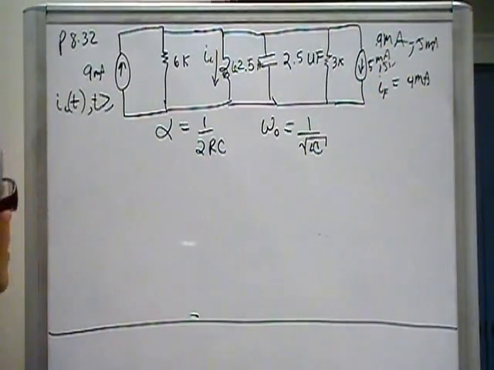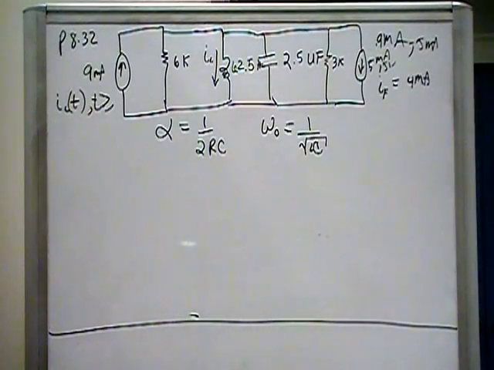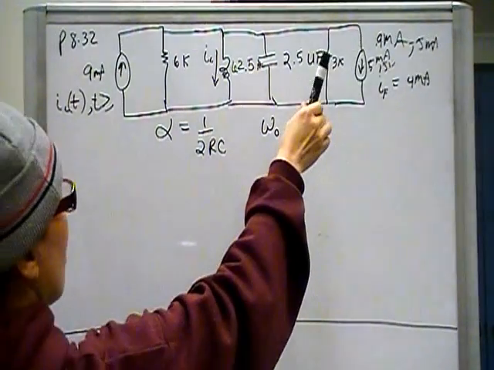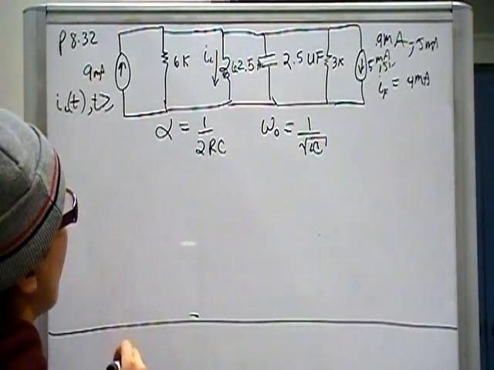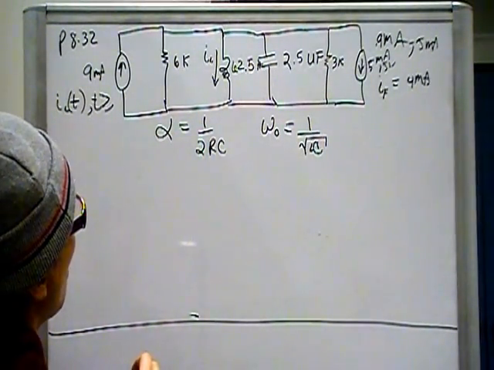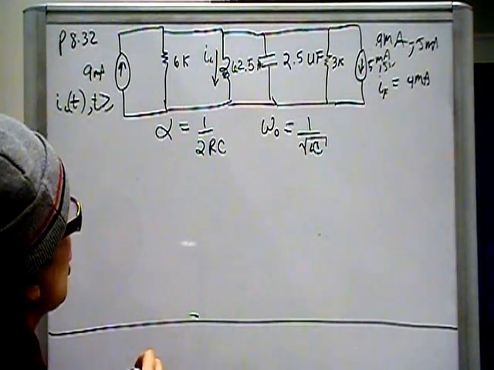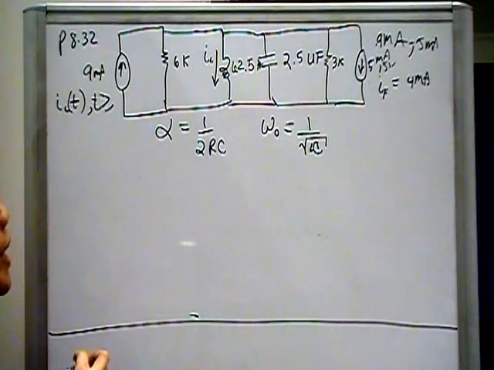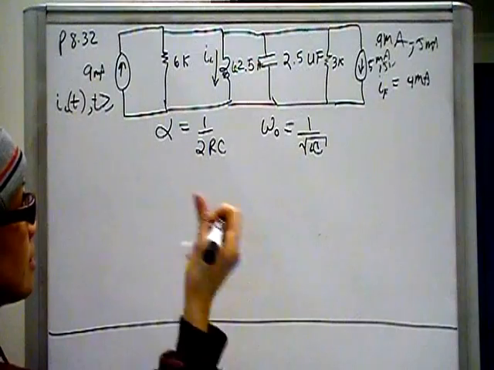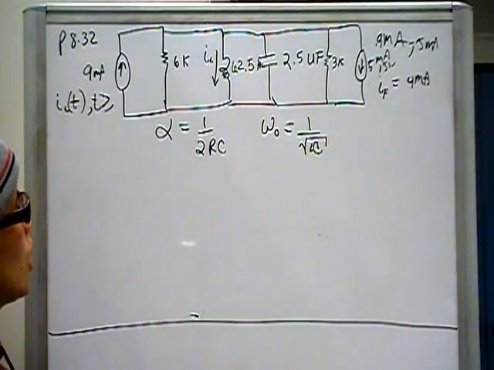That's right when the switch closes. So what the heck is R? Is it that R, or is it that R? Well, it's actually going to be the parallel connection between the two of them, because it's the R that's immediately there when the switch closes.